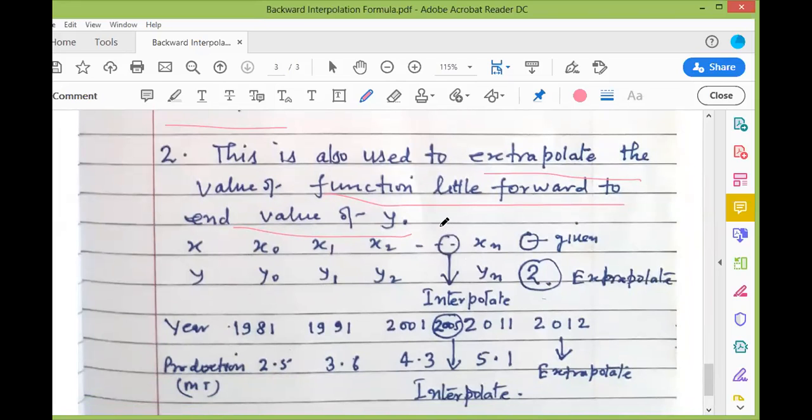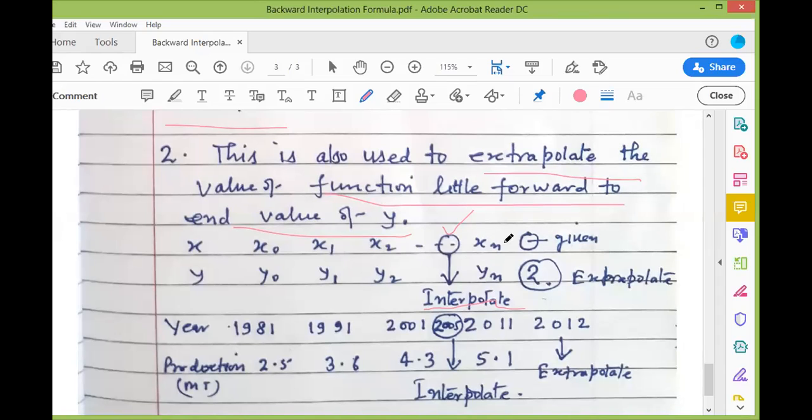If we are interested in a value of the argument near the end, then this process is known as interpolation by Newton's backward interpolation formula. This is xn and this is yn, near the end.